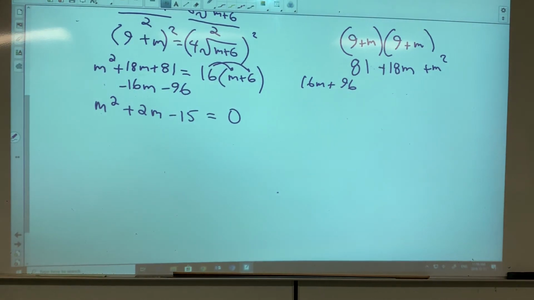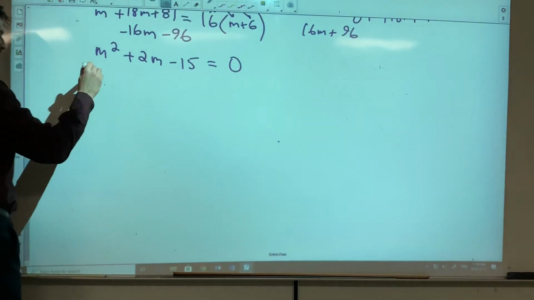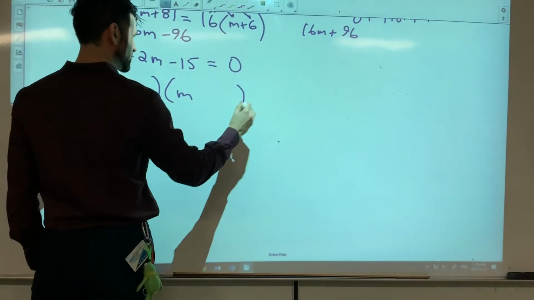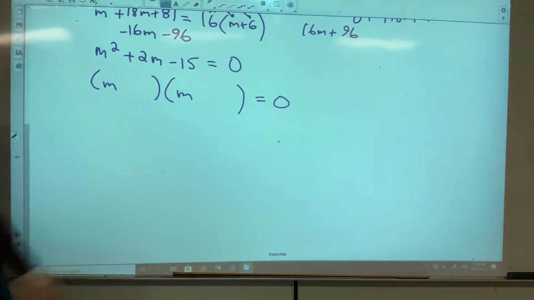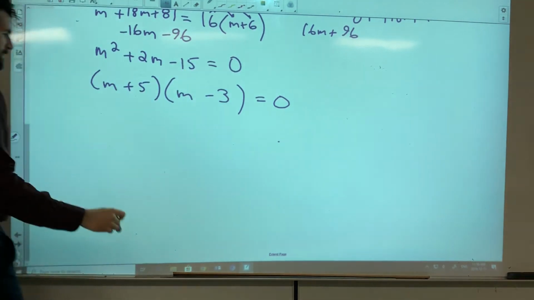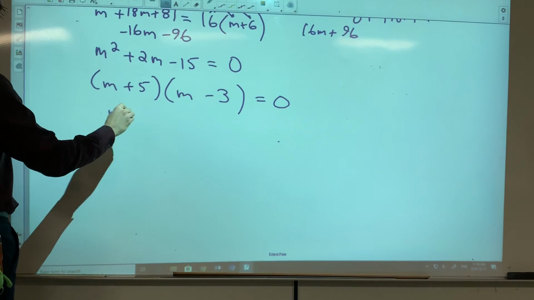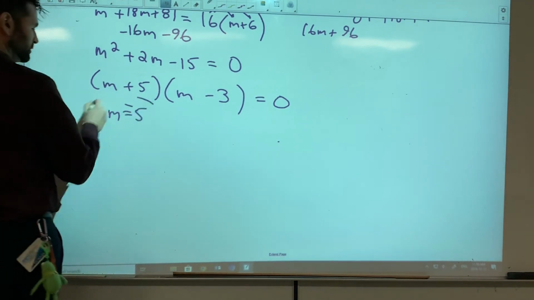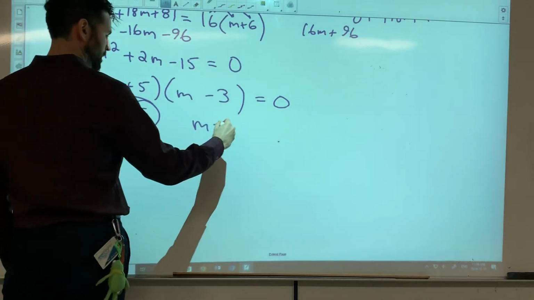I hope so. So it's a regular factoring question. Two numbers that multiply to negative 15 but add up to positive 2. Ah, very good. Positive 5 and negative 3 would work. So then you can use the zero product property, and from this one, you'll get m equal negative 5. And from this one, you'll get m equal 3.